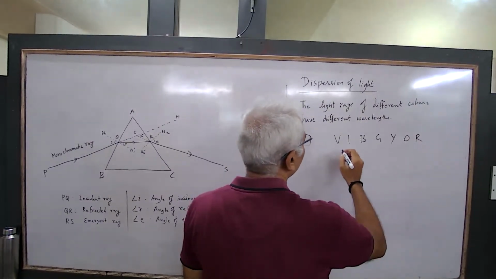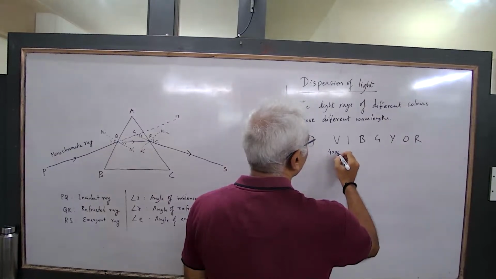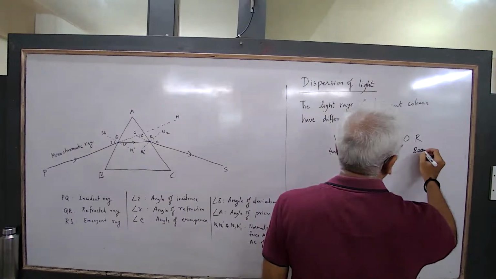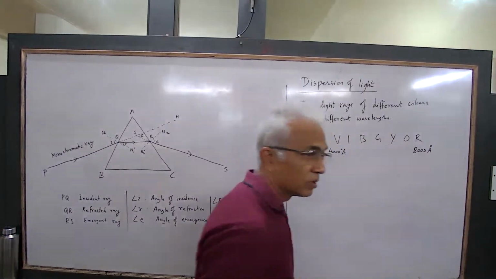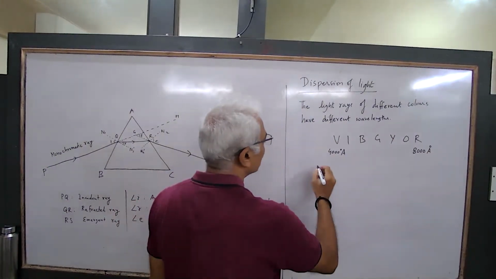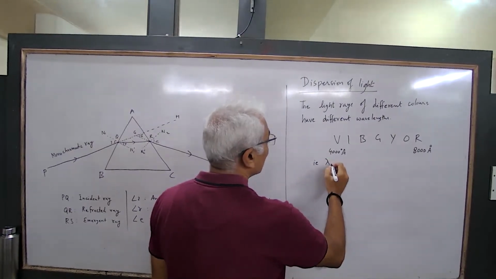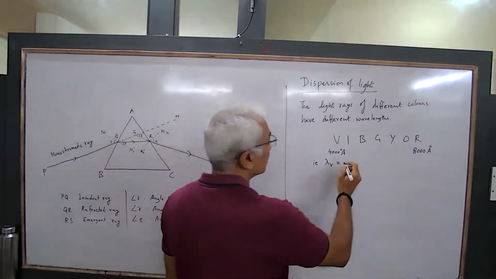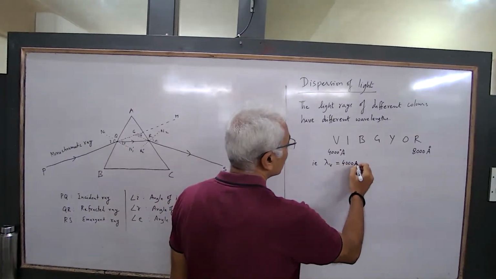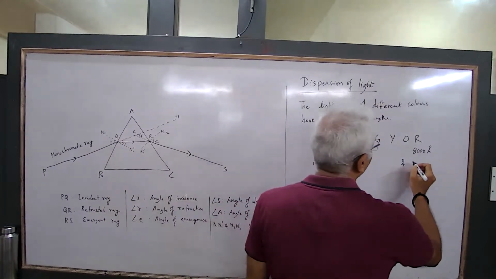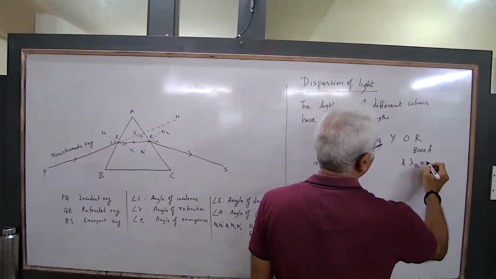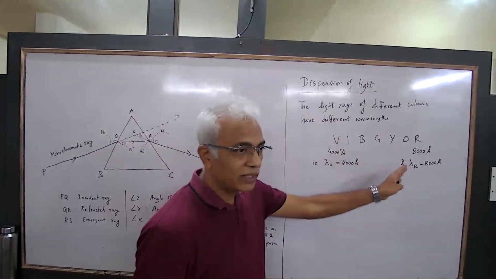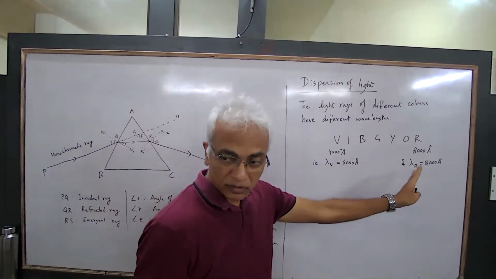So the wavelength of violet color is 4000 angstrom. Red color is 8000 angstrom. Okay, so wavelength is represented by this symbol, lambda. Lambda V is 4000 angstrom. And lambda R, wavelength of red color, is 8000 angstrom. So as you go from violet to red color, the wavelength increases. Okay.